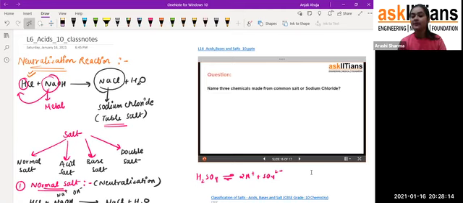Name three chemicals made from common salt, or sodium chloride. Now, this is your homework. You have to see that sodium chloride can be used to prepare some other types of chemicals also. What could those three chemicals be? You'll say, ma'am, one of those is caustic soda. Exactly, caustic soda, NaOH, is prepared from sodium chloride only. So that is one compound.